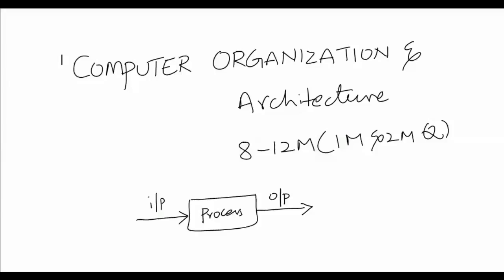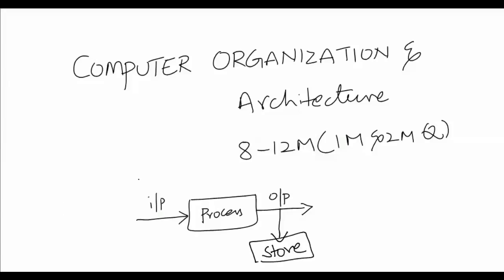Storage device. So we can slightly modify this definition of a computer as an electronic device which accepts the input, processes the input, produces output, and also stores the results when needed.